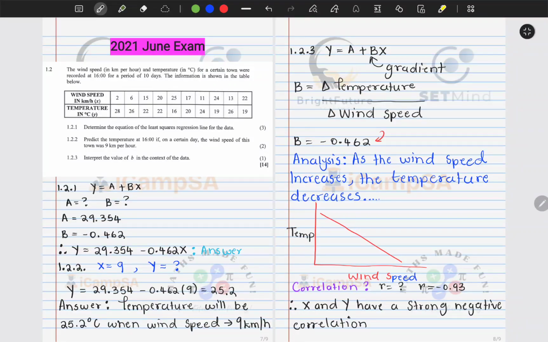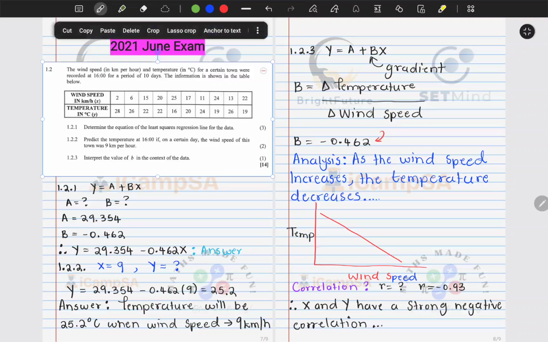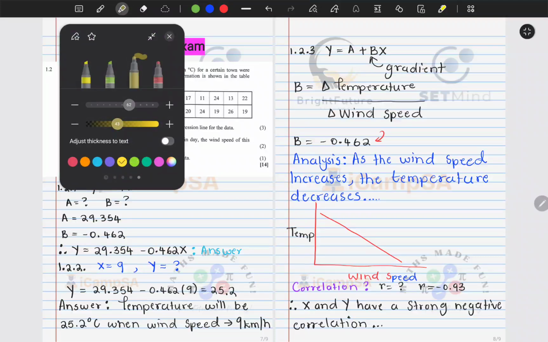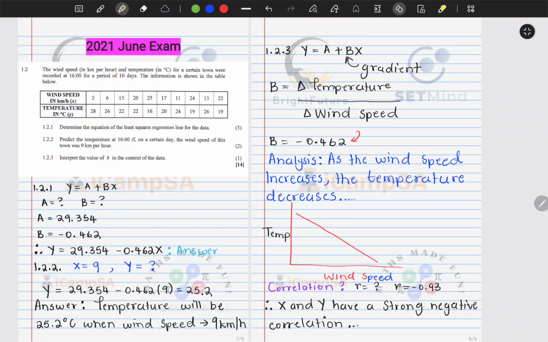Okay, that is just the description of what is happening between the two variables. They have a strong correlation, but it is negative. So I hope that you guys understand what is happening and all the questions that we did answer here.